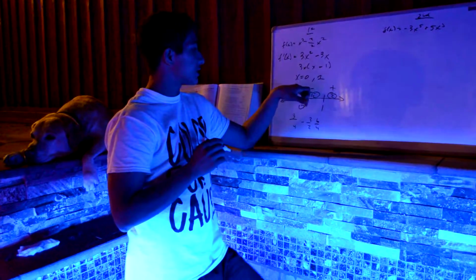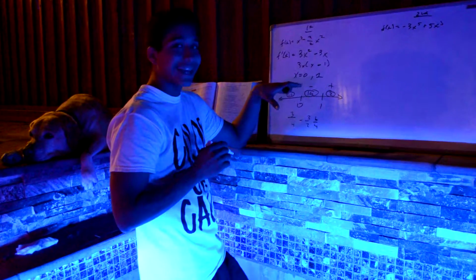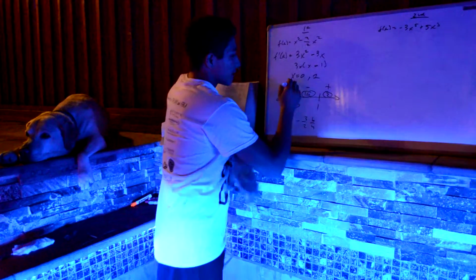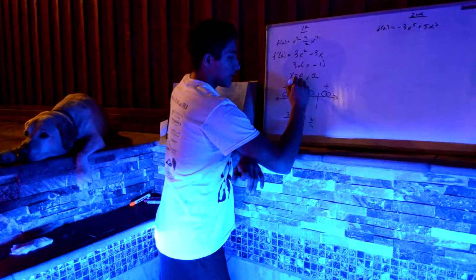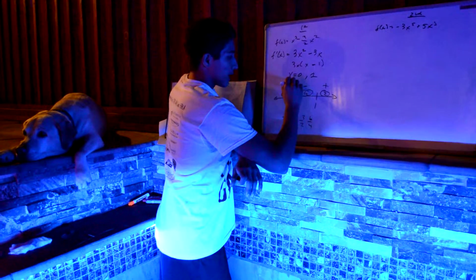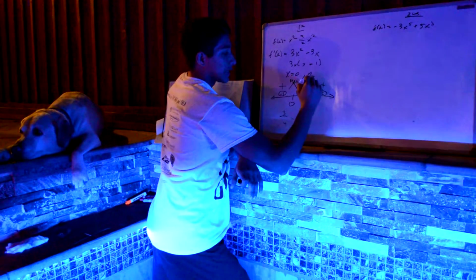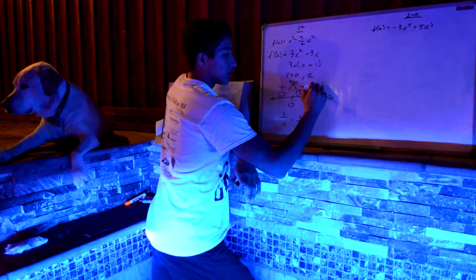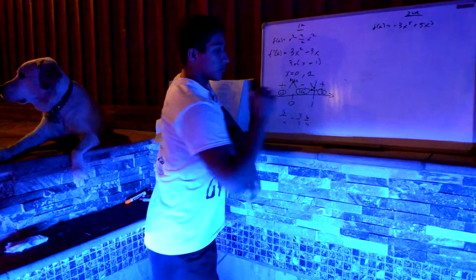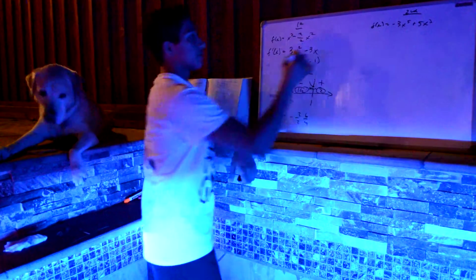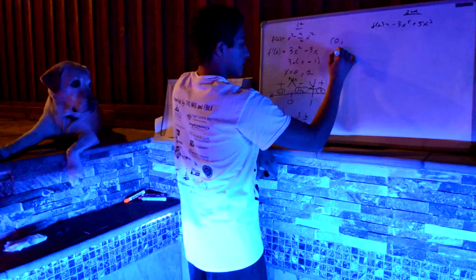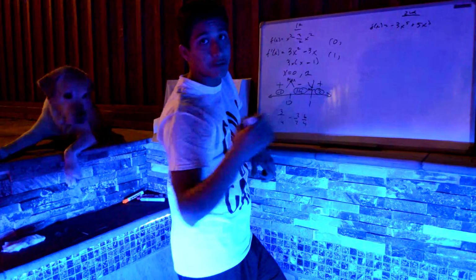So from here we can see our maxes and mins, right? So over here the slope is positive, and then it turns negative. So that's going to be a maximum. And then over here at x equals 1, it turns from negative to positive. So that's going to be a minimum, right? So then we're going to have to figure out our points, because that's the whole point, to find our maxes and mins.